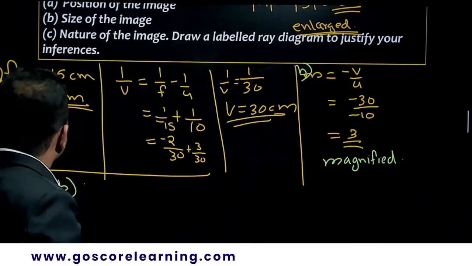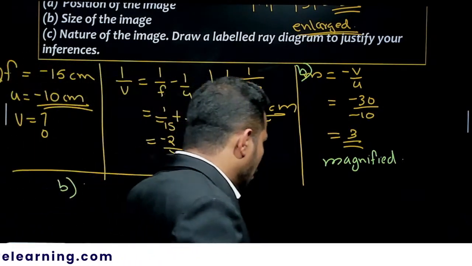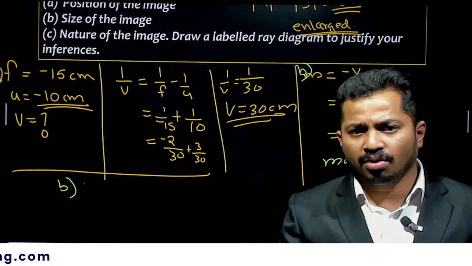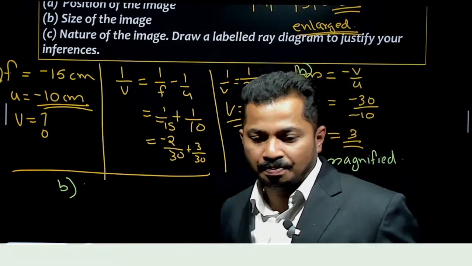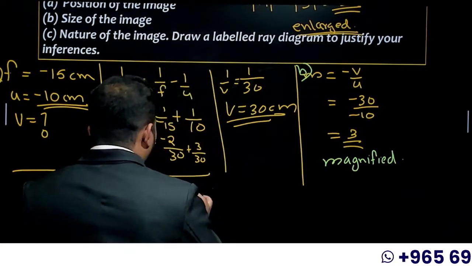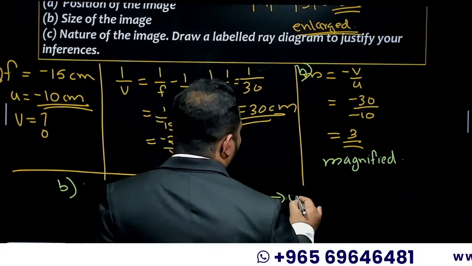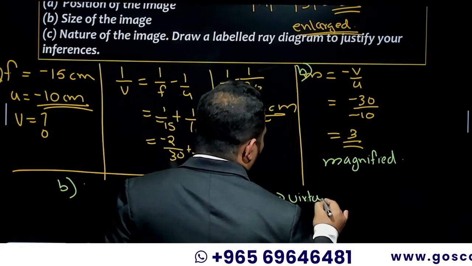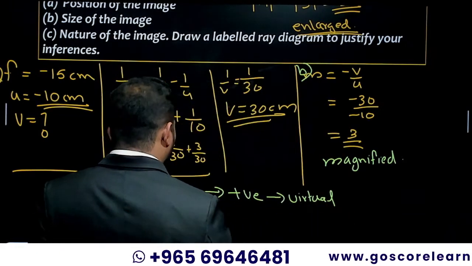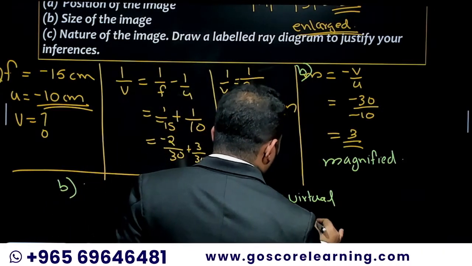Okay, anything else is given? Nature of the image. The magnification that you have got is positive. As you know, if m is positive, it is a virtual image. If m is negative, it is a real image.